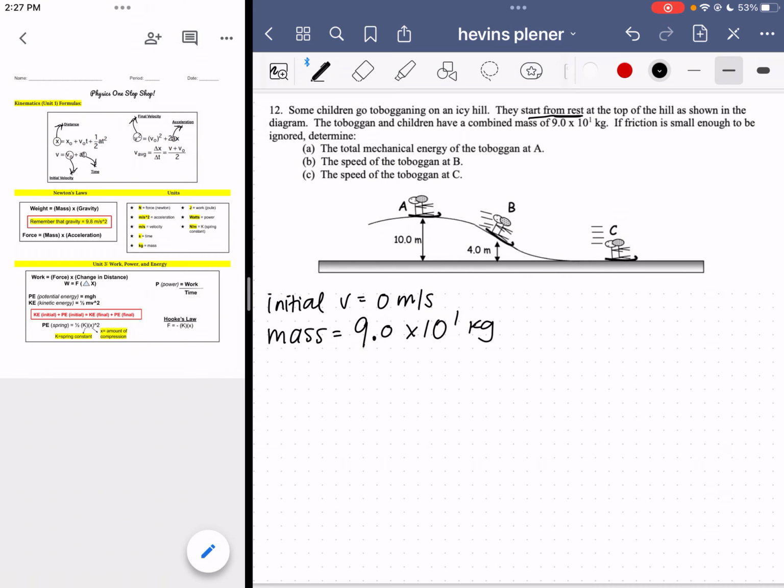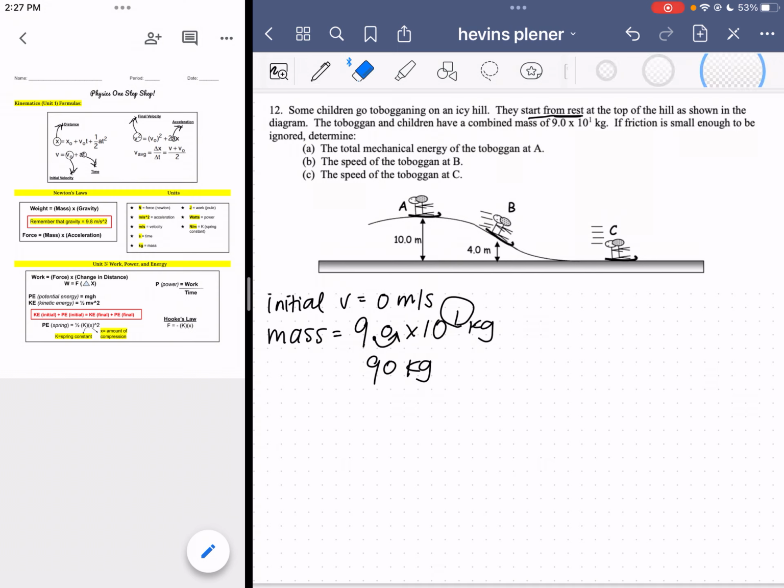But do we really need to write all that down? If you plug that into your calculator and move the 1 to the right, it's just 90 kilograms. So they're just trying to trick you and make it seem harder than it is.